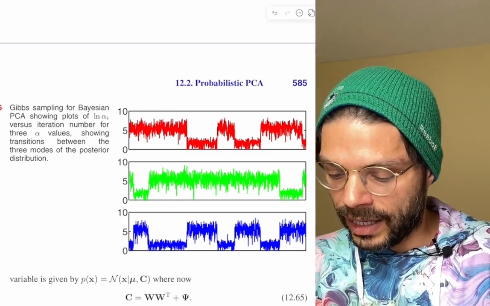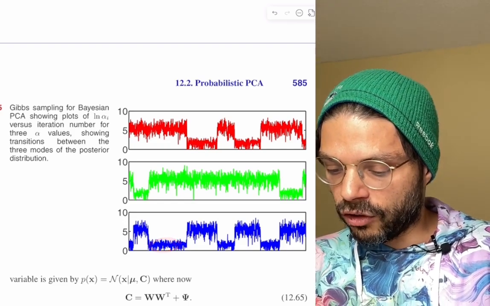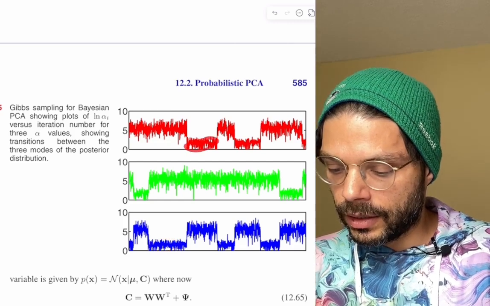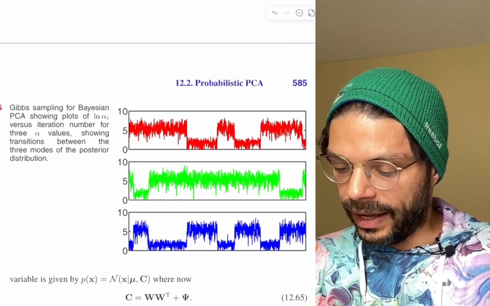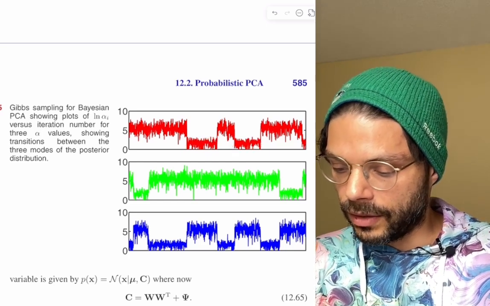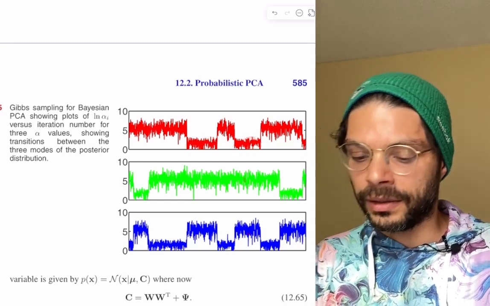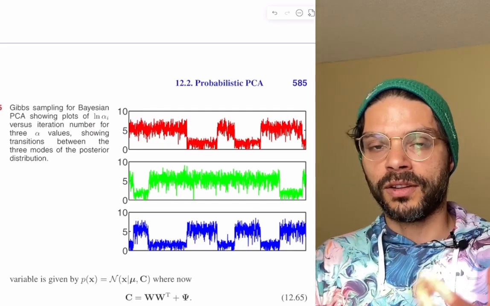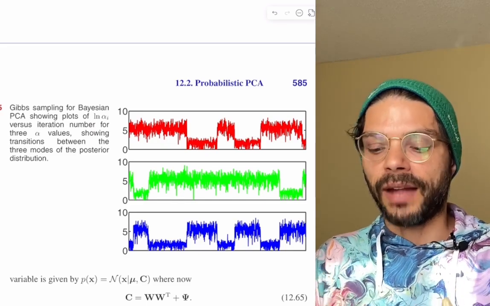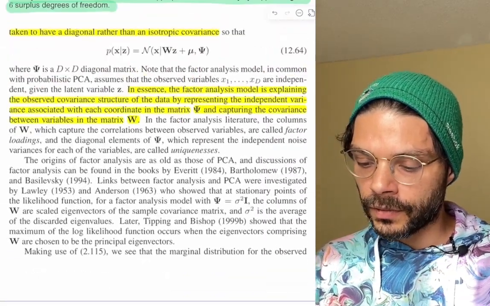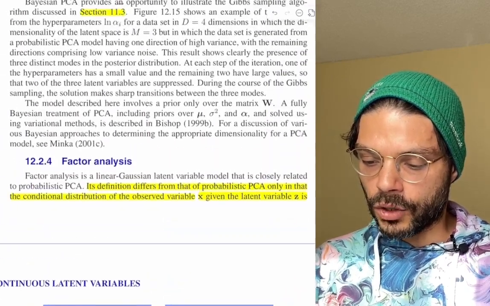You notice that at any given time, there's just one of these alpha i's that's small. So essentially, just one of these directions is being picked out, which indicates that your data set is actually one-dimensional, which it is by design here.